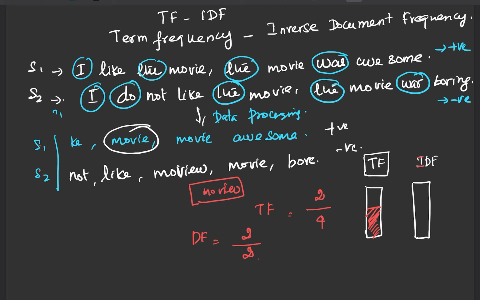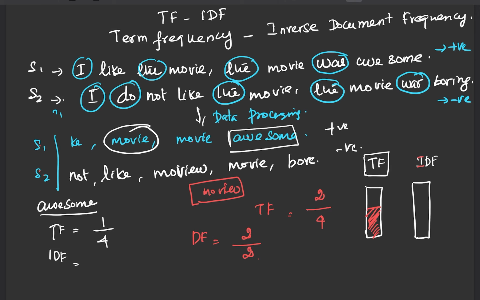Maybe look at another word, awesome. For awesome, the term frequency TF is just locally searching within the document. The denominator is 4, the total number of words, and the numerator is 1, since awesome appeared only one time. Another one is inverse document frequency.